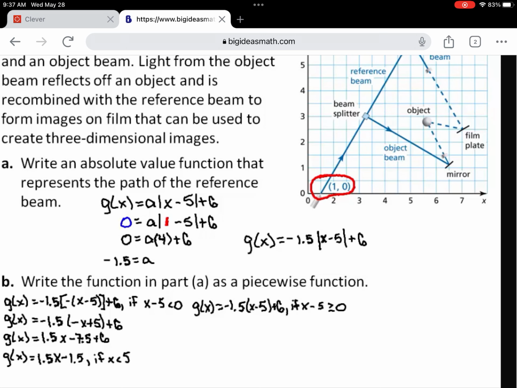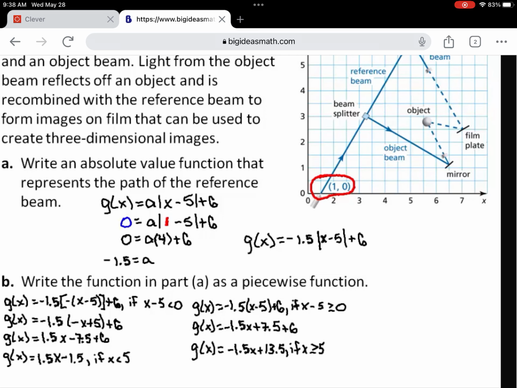Now simplify g of x equals negative 1 5/10 times the quantity x minus 5, plus 6 if x minus 5 is greater than or equal to 0. Distributing the negative 1 5/10 through the quantity x minus 5, you get negative 1 5/10 x plus 7 5/10 plus 6.